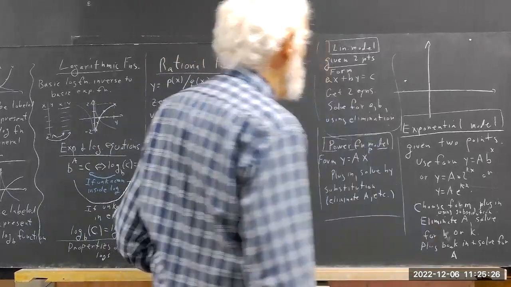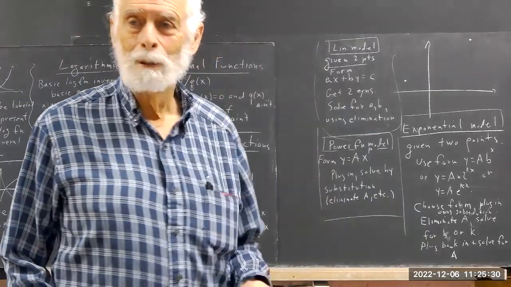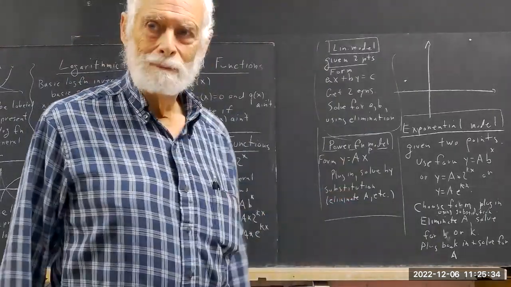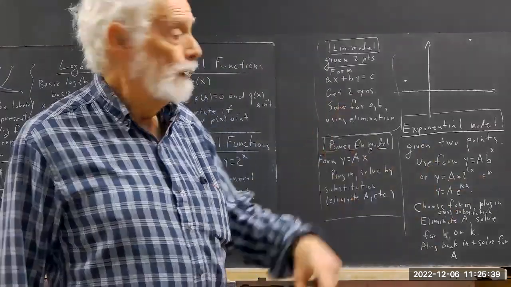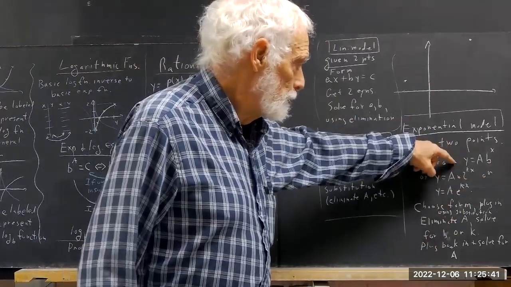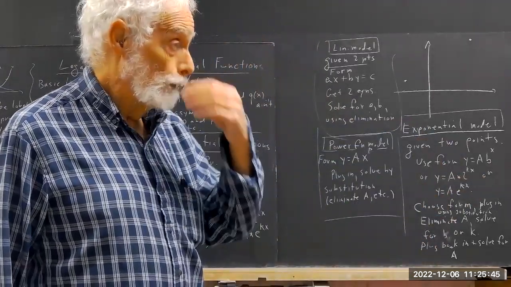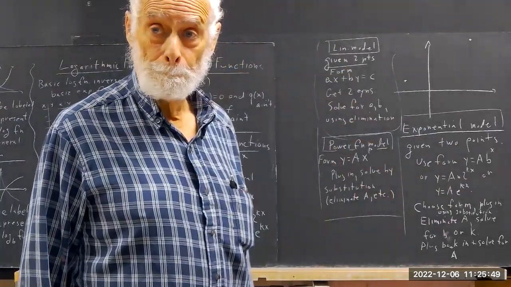Now, if I ask you to do a power function model, I probably will tell you. Well, yeah, I'll give you the form y equals a x to the p. If I ask for an exponential model, I expect you to know what the three different forms are so you can do it and so forth, okay?